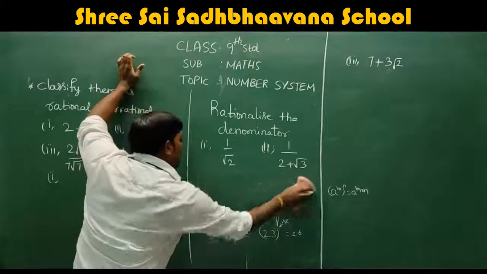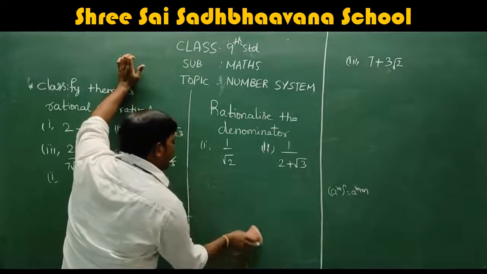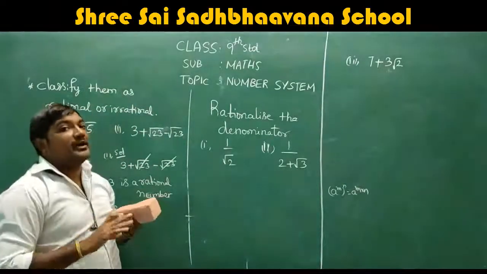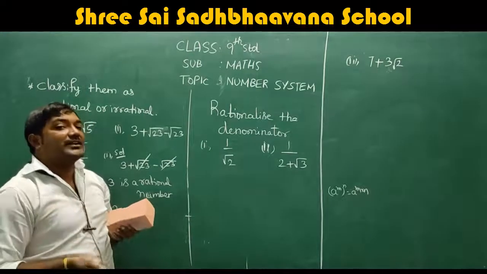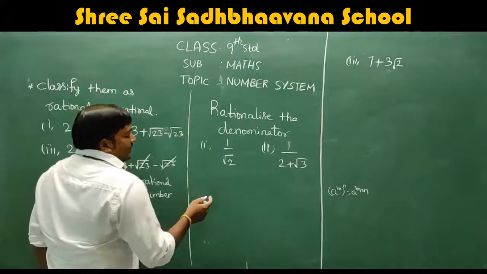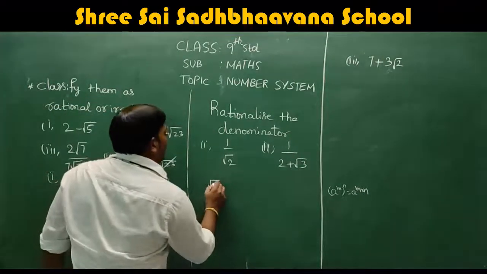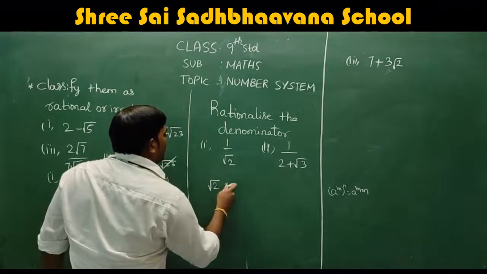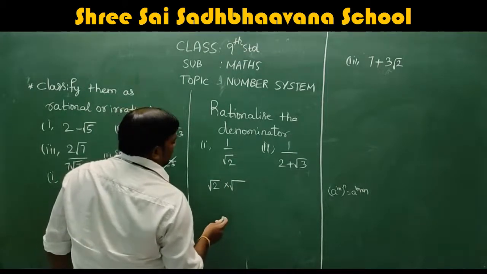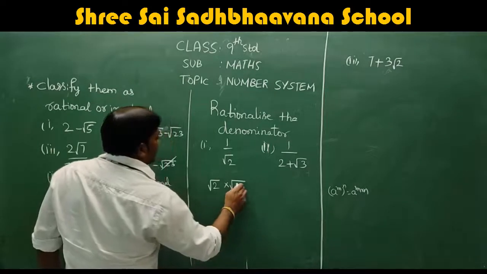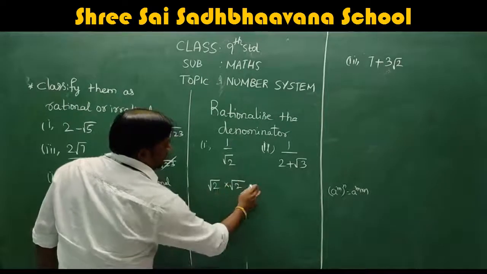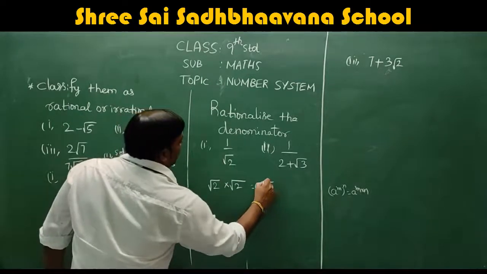Okay. And let me take one more example here. See, in the last case we multiplied root 23 with root 23. Both are irrational numbers. If you multiply irrational numbers, we are getting a rational number, which is 23. And for example, root 2 into root 2, which will be root 2 whole square, which will be 2.